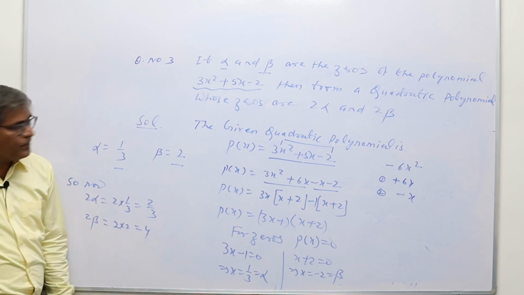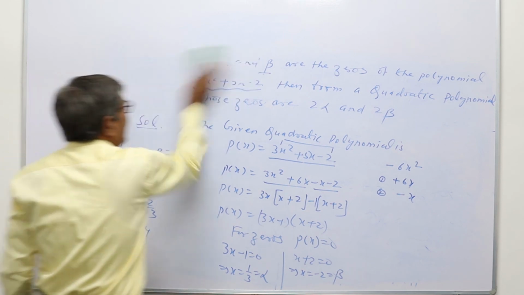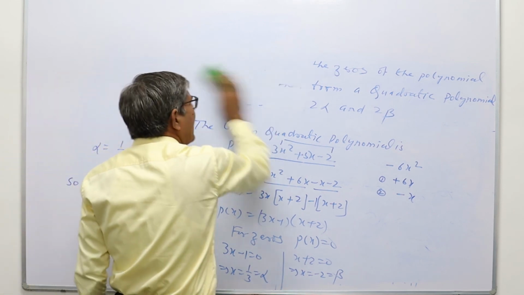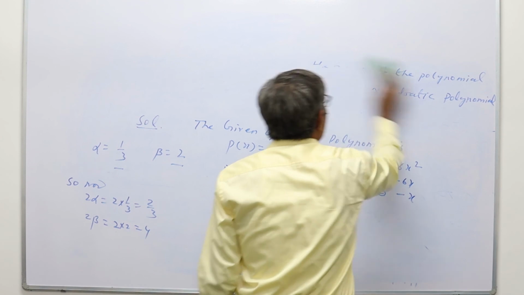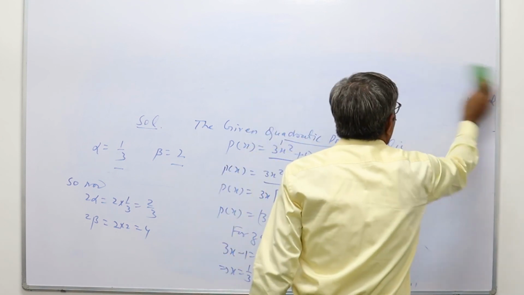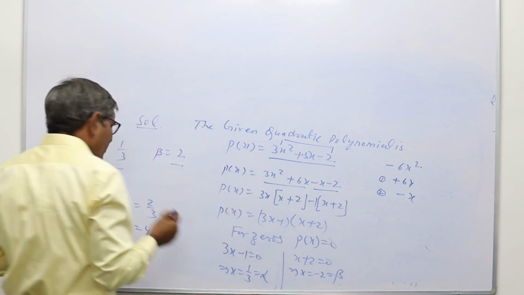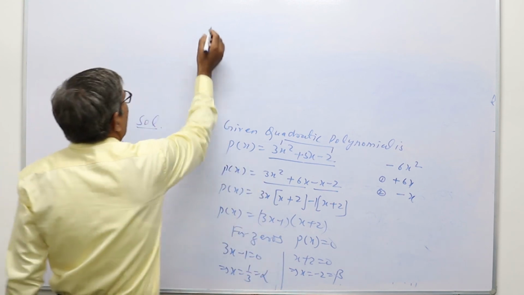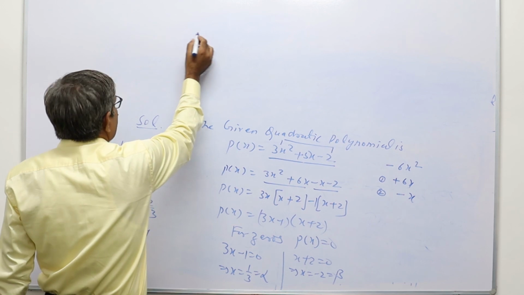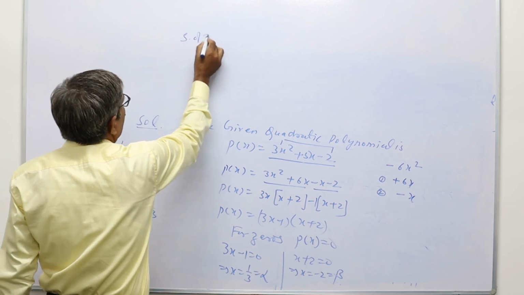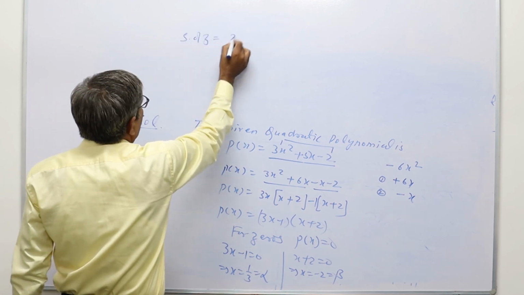So the new quadratic polynomial has zeros 2 alpha and 2 beta, and we will find the sum of zeros.